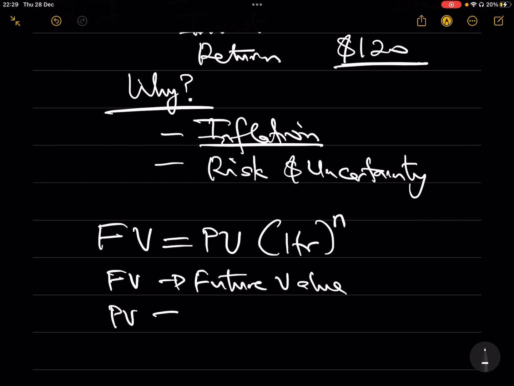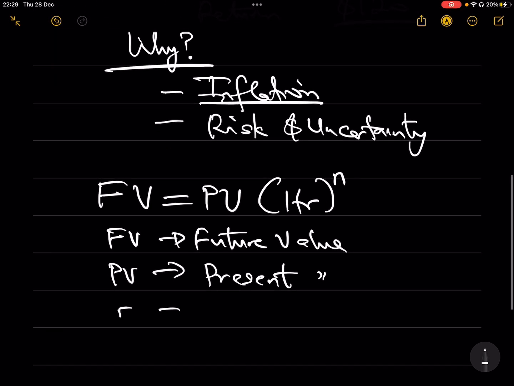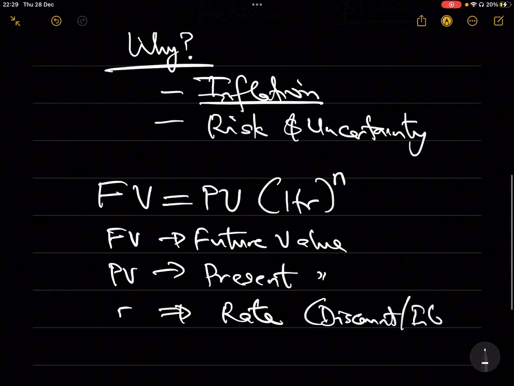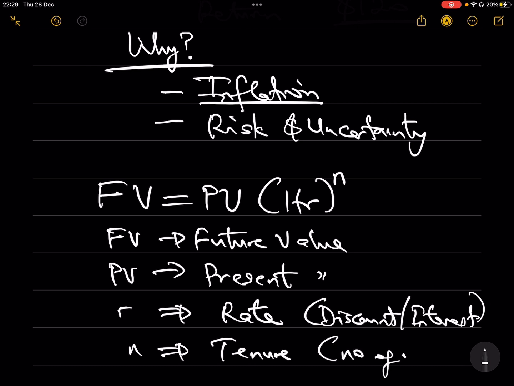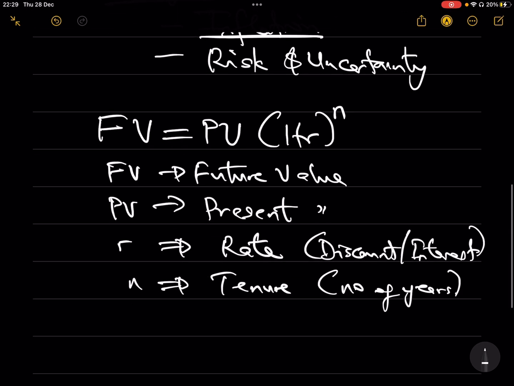And PV is the present value. Yeah. R is the rate. Yeah. It can be your discount rate, or you call it interest rate. Yeah. And N is the tenor. Yeah. Number of years. Very important to know what those are.